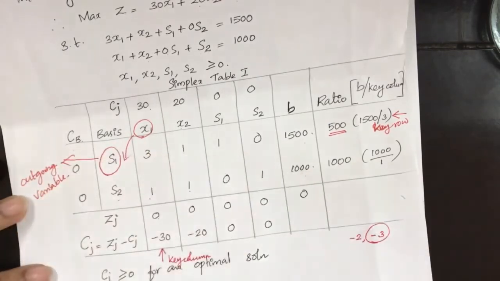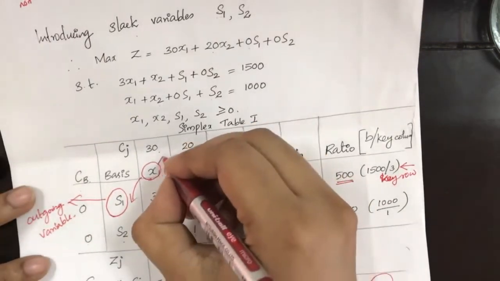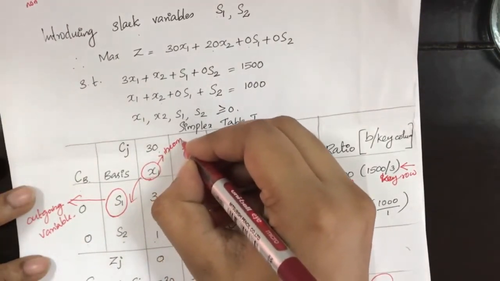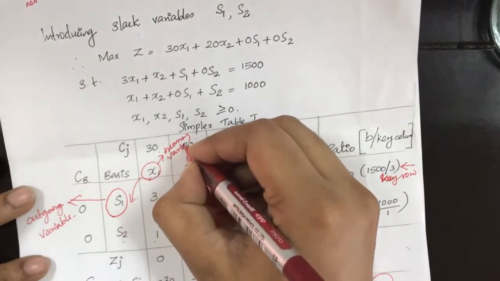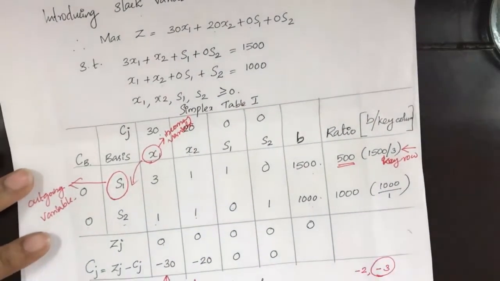This is the outgoing variable and x1 is the incoming variable.